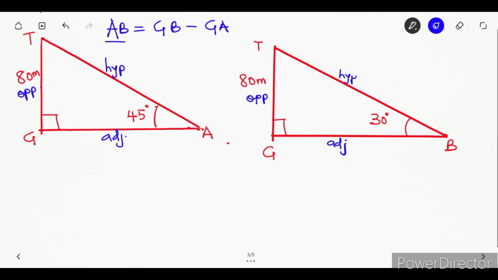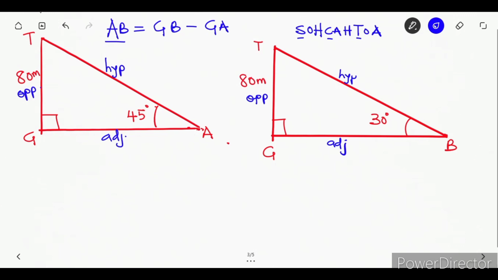Now to get GA, I will need to employ what we call SOHCAHTOA. This is just an acronym to remember the three most important trigonometric ratios: S for sine, C for cos, and T for tan.